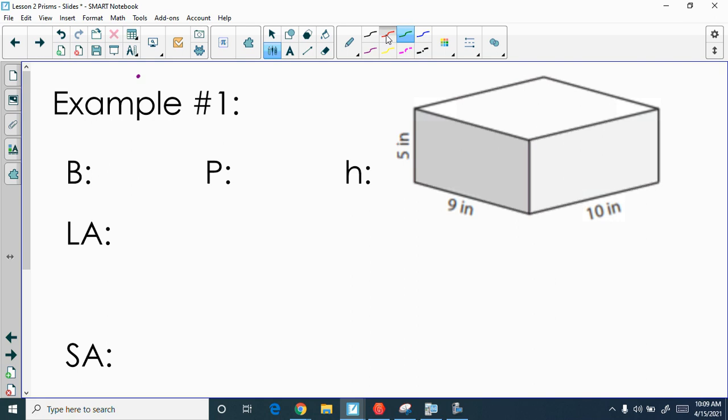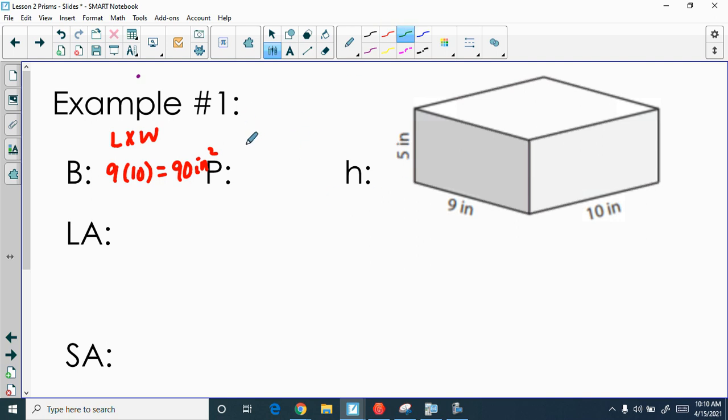For big B, it's going to be the area of the base. So notice the flat piece here on top is also the flat piece at the bottom. So our area of the base is length times width. So we're going to have 9 times 10, or 90, and this would be inches squared. Okay, and then we've got the perimeter.